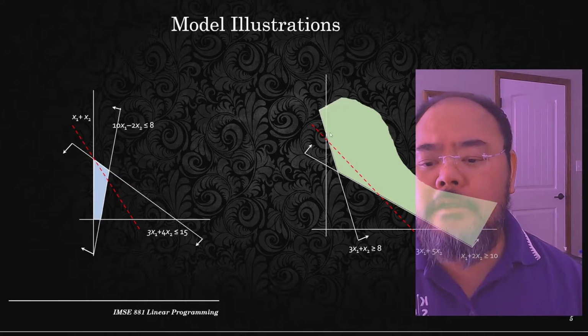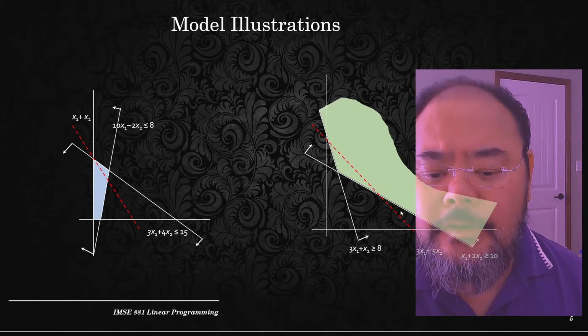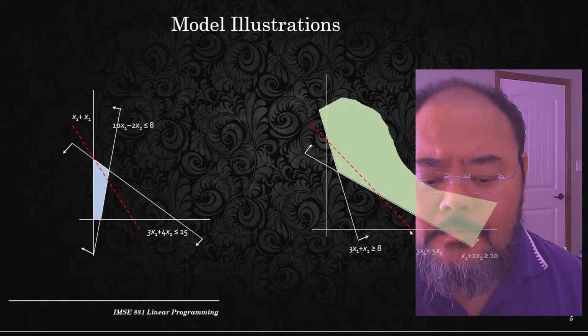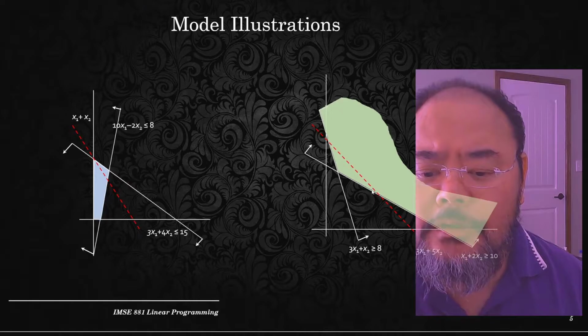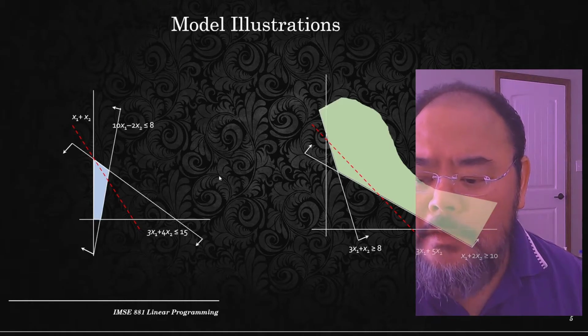The red dotted line also represents the objective function, and since we are minimizing, this line is pushed as low as possible. So the intersection of these two constraints will be the optimal solution, the last point where this level set of the objective function leaves the feasible region.